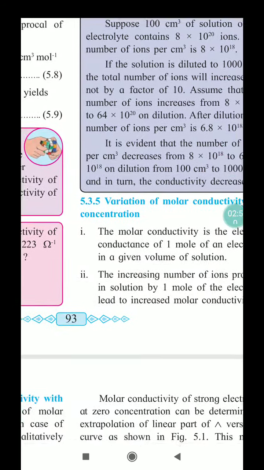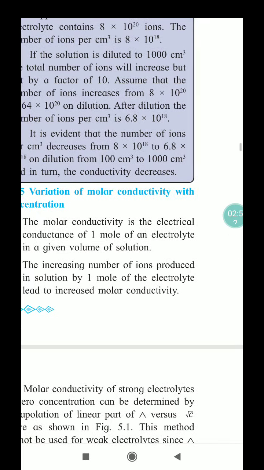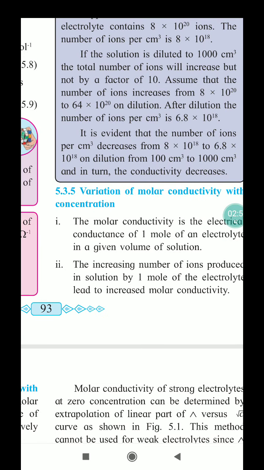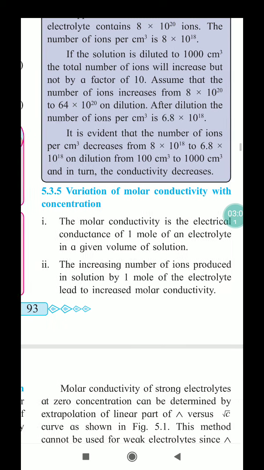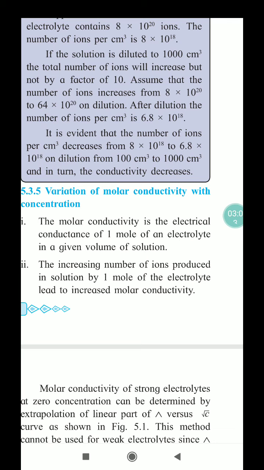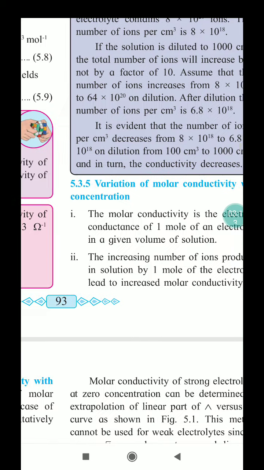Okay, so now the variation of molar conductivity with concentration. We saw conductivity with concentration; here we see molar conductivity with the solution. The molar conductivity is the electrical conductance of 1 mole of electrolyte in a given volume of the solution.